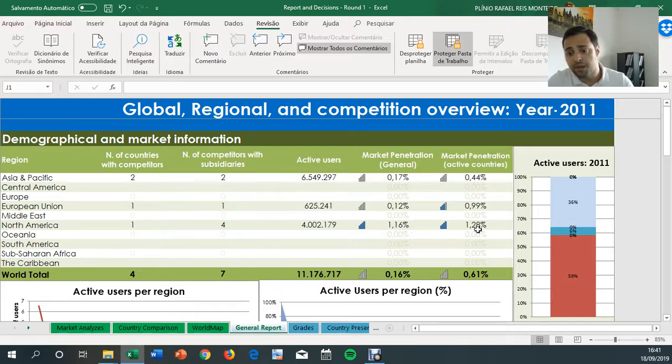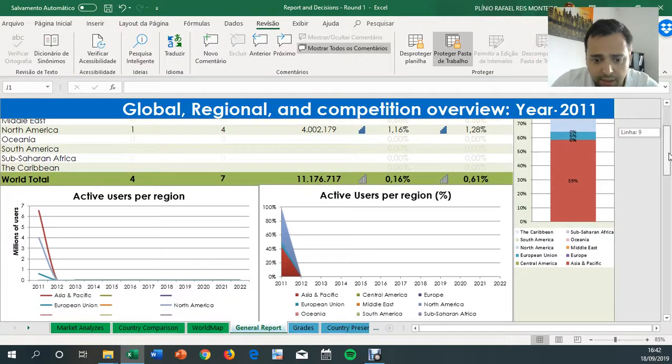But if you consider only the United States, the only country where there are companies operating, you can see that the result is very close to 1%. So 1.28% of the general population of the country are using your app.